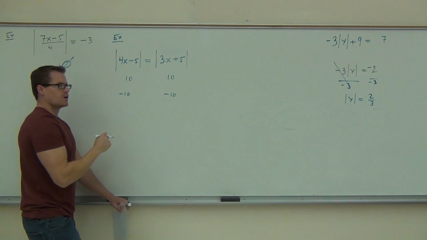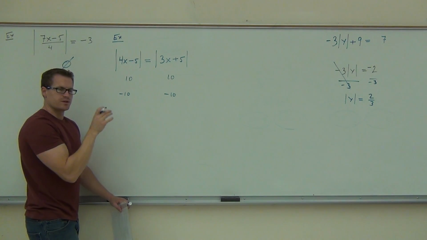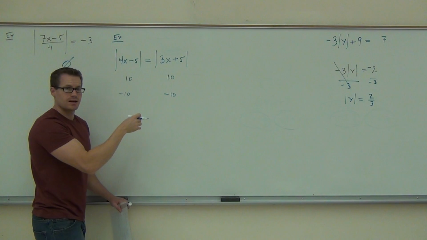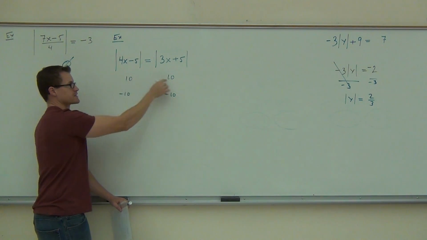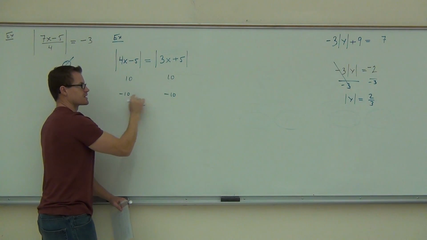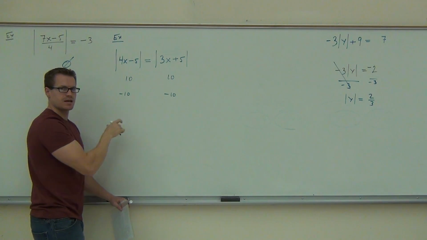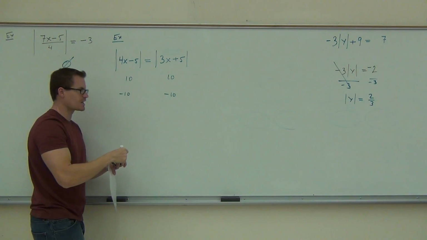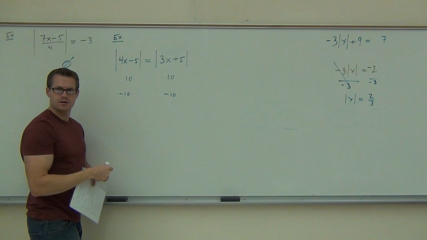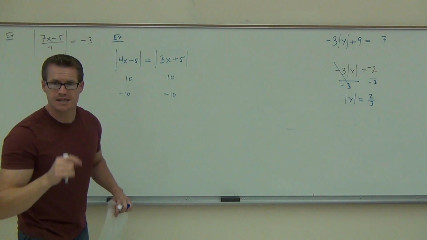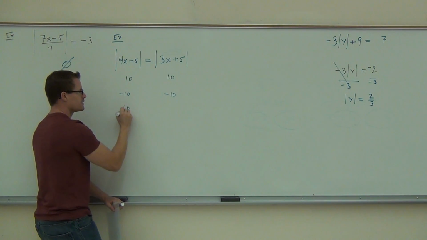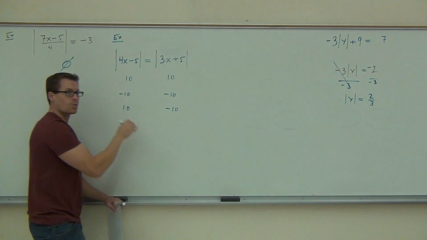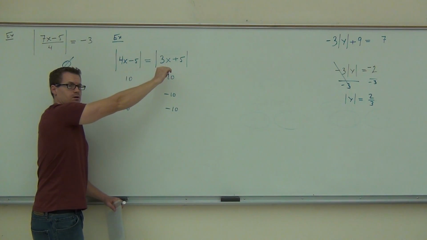What's another case where these absolute values would be equal to each other? I gave you 2, where they're exactly the same number: positive 10, positive 10, or negative 10, negative 10. What's another case that you could have? 10 equals negative 10. So if this was 10 and this was negative 10, would these still be equal?